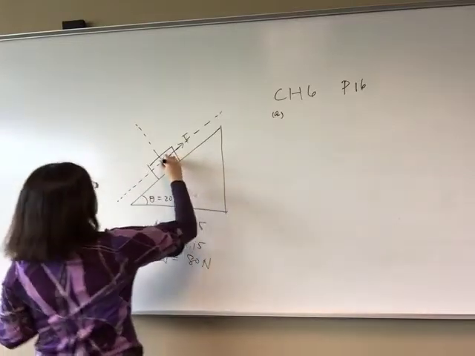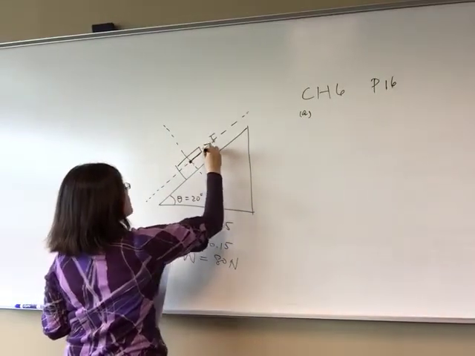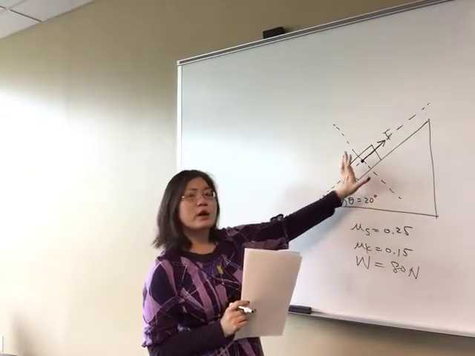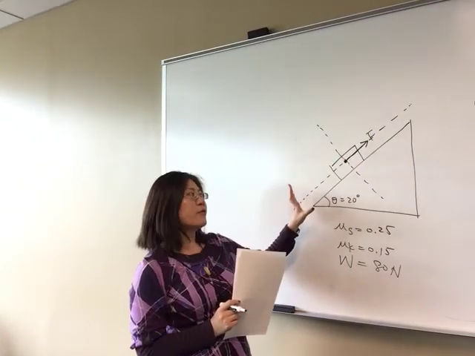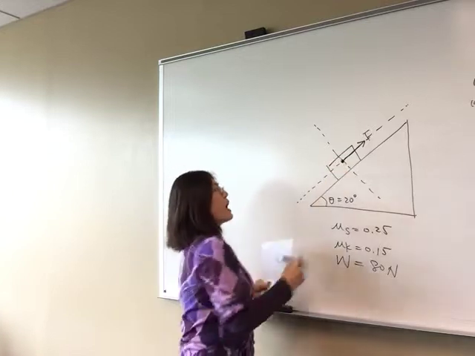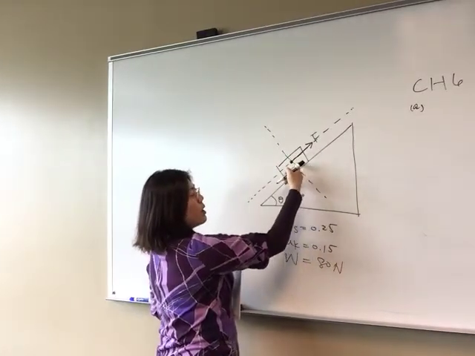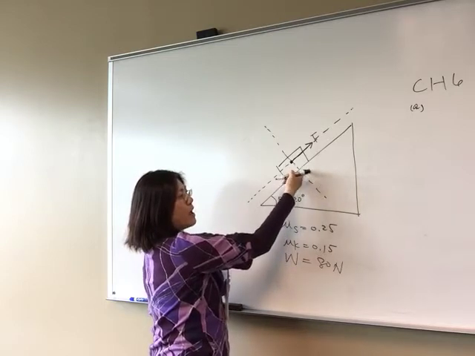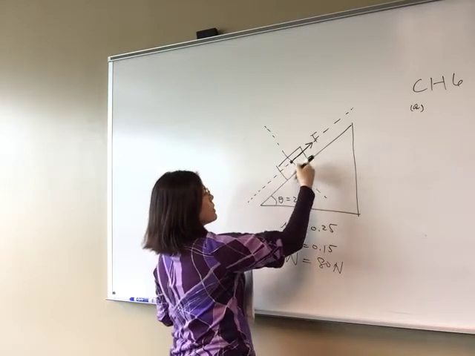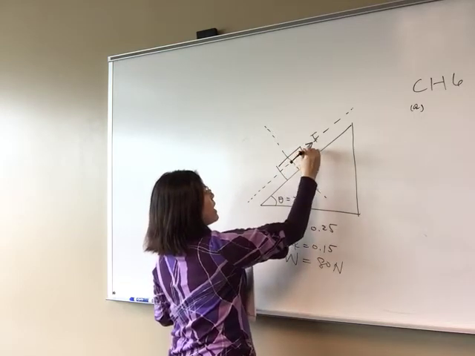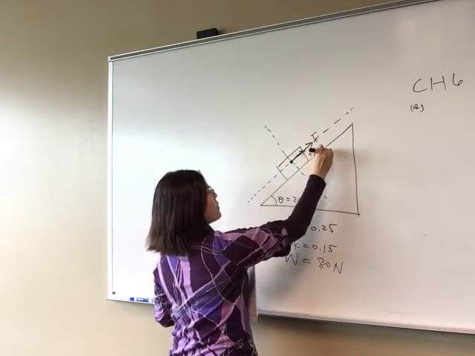So you have the force that's along the plane, and we just mentioned that because it's prevented from sliding down, the friction force has to go up. So we have the static friction between the block and the incline. So I'm going to move that to here. So you have your F, and then that's the maximum static friction.